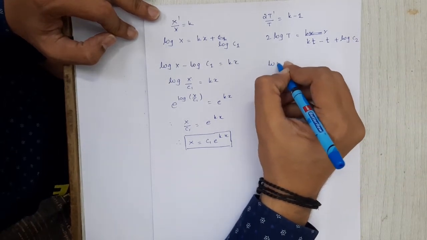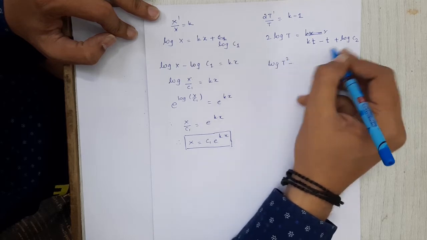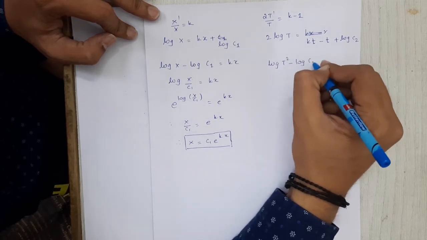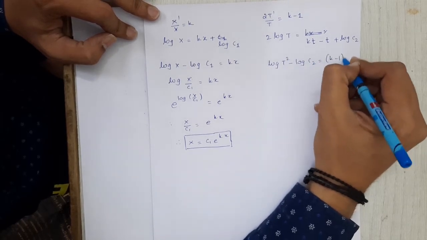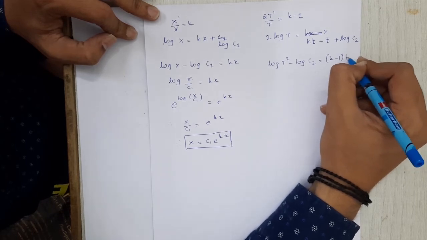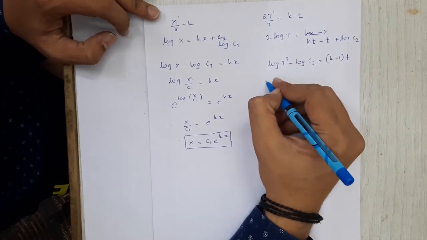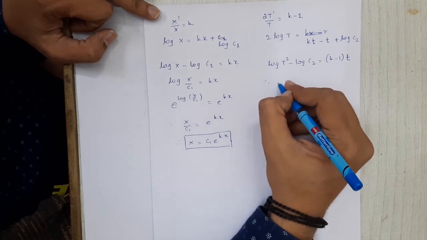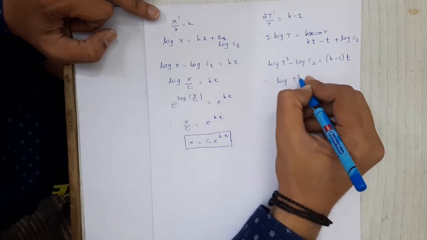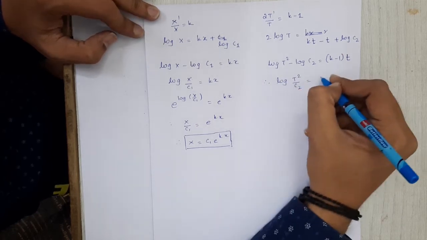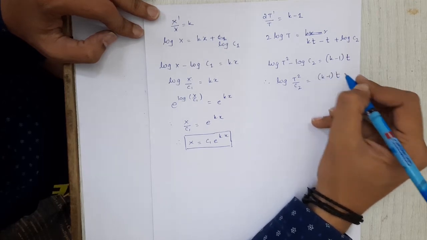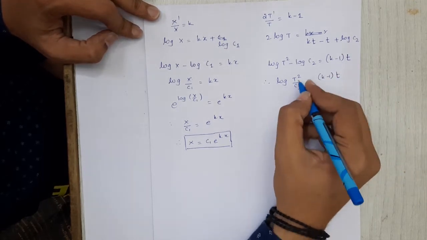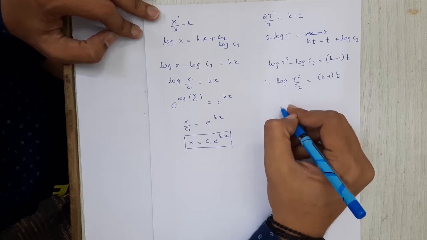So this is 2 log T minus log c2 is equal to k minus 1 constant, and t is common. By the simple property of logarithms, I can write log of T squared upon c2 is equal to (k minus 1) into t. And again I am interested in only T, not log T.